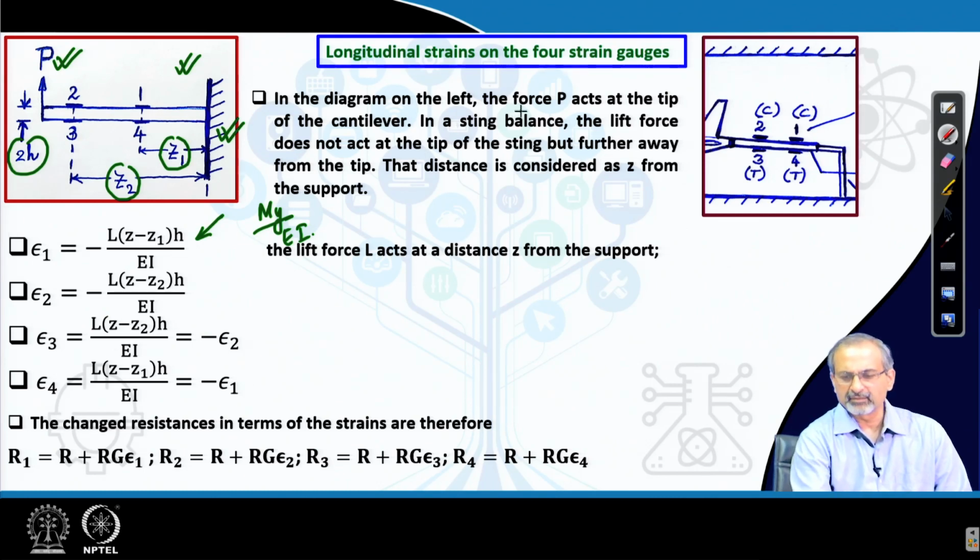Now, in this diagram, the force acts at the tip of the cantilever. That is an ideal situation, but in a sting balance, the lift force does not act at the tip of the sting, but further away from the tip.